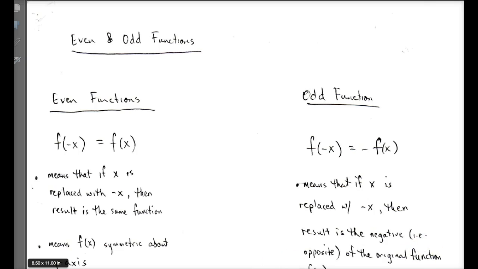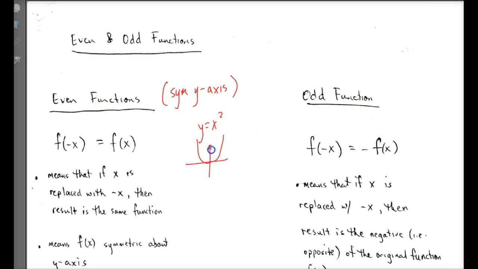So first, we want to talk about what we mean when we say we have an even function and when we say we have an odd function. Simply put, an even function is a function that is symmetric about the y-axis. One good example would be the function x squared, which looks like this.